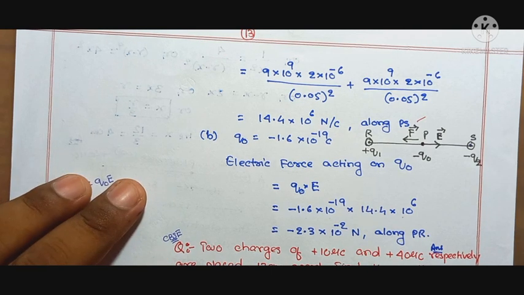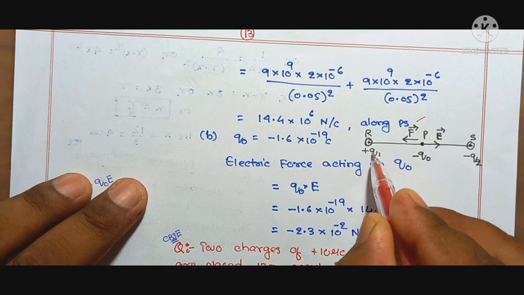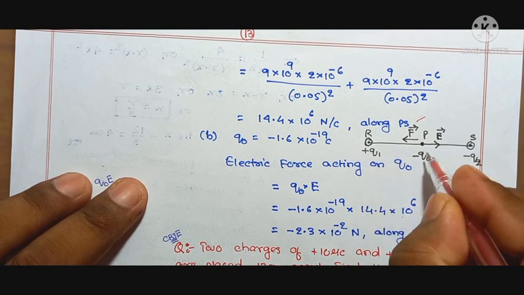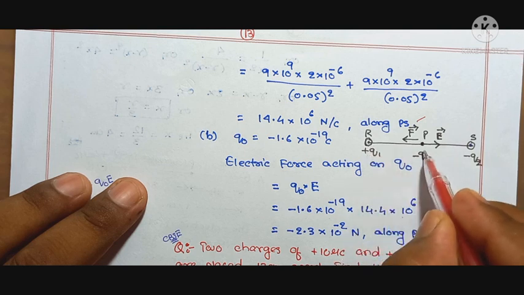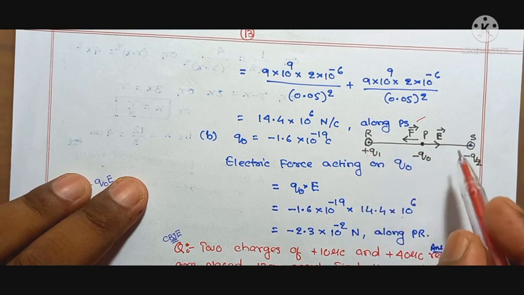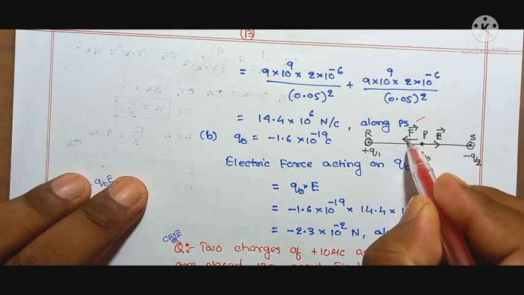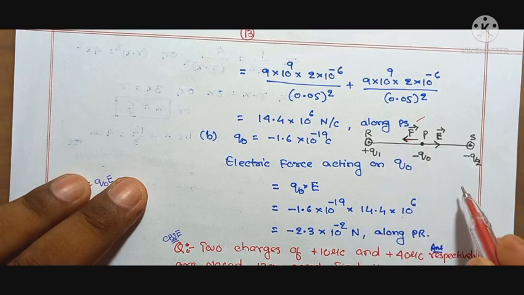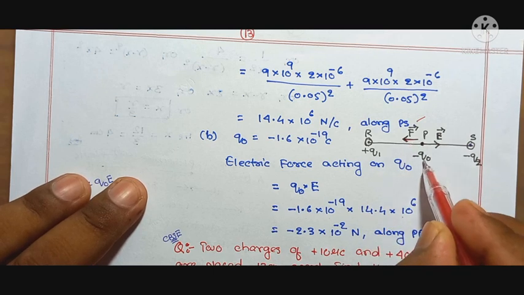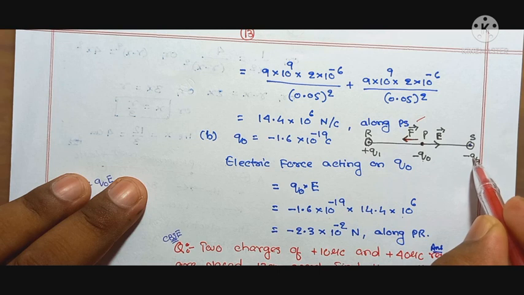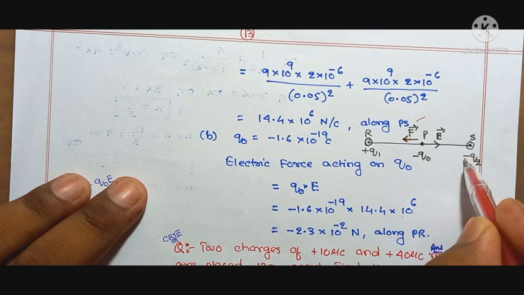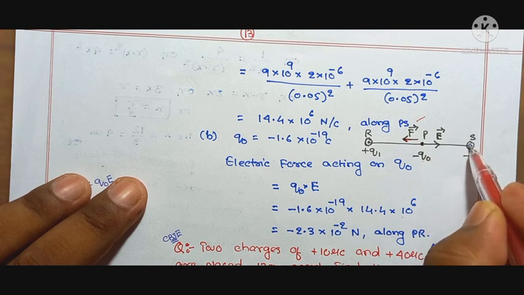So here see, this is the positive charge Q1, this is now the negative charge. So this is positive charge, this is negative charge, there is a force of attraction. So on this side, force of attraction. This is negative charge, this is negative charge. Both are the same type of charge, so there is a force of repulsion.